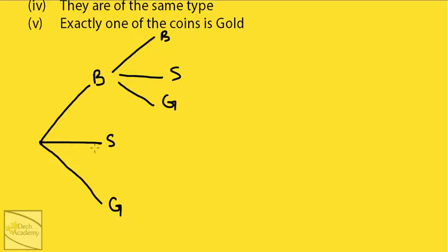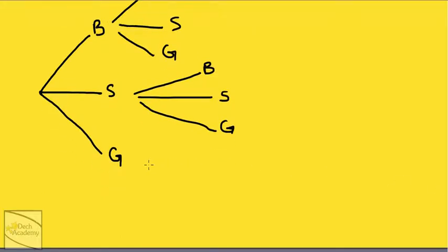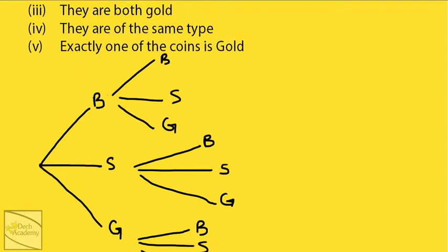Now if he chose a silver coin the first time, he can pick bronze, silver, or gold. And if he chose gold the first time, for his second choice, he can pick bronze, silver, or gold.